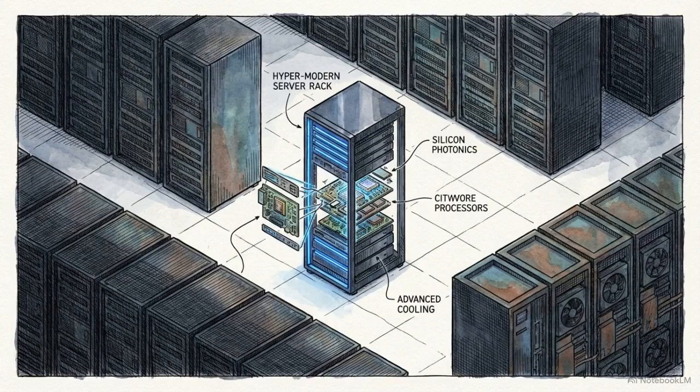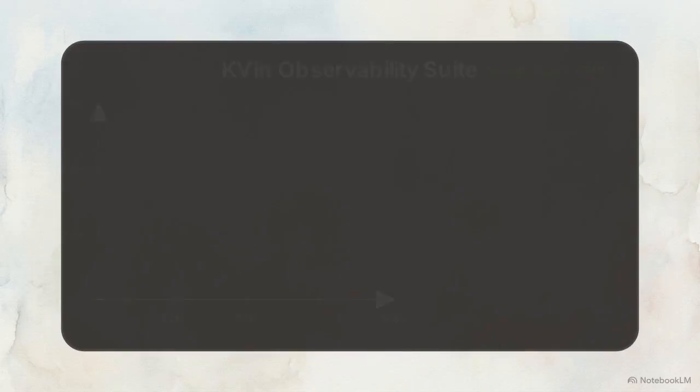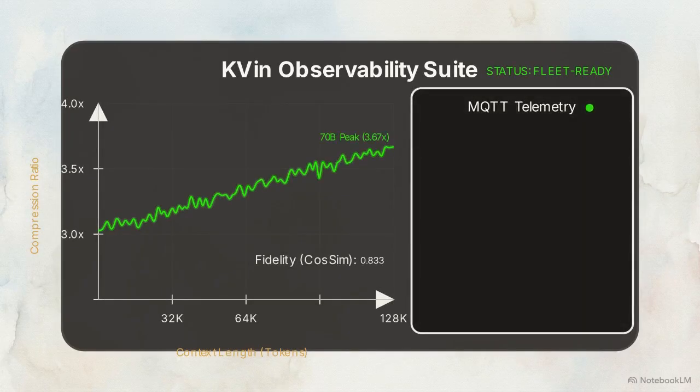KVin is packaged as a complete operational stack, ready for immediate deployment into inference clusters. The engine includes 89 passing C++ tests, covering every component from arena allocation to the full quantization pipeline. It ships with an observability suite featuring a live dashboard, real-time compression metrics, and an MQTT telemetry feed for fleet-wide monitoring.